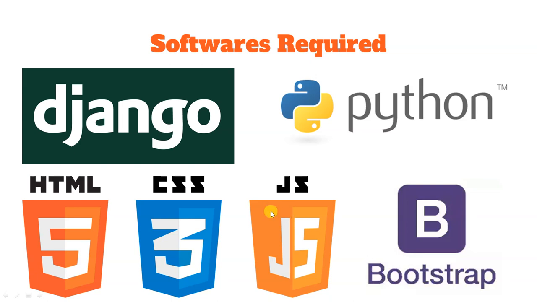Apart from that, we are going to utilize HTML, CSS and JavaScript. Why are we going to utilize this? Reason, we are working on web development. So web development is based on the GUI, which is available on the internet. So for that purpose, we are going to utilize HTML, CSS and JavaScript.